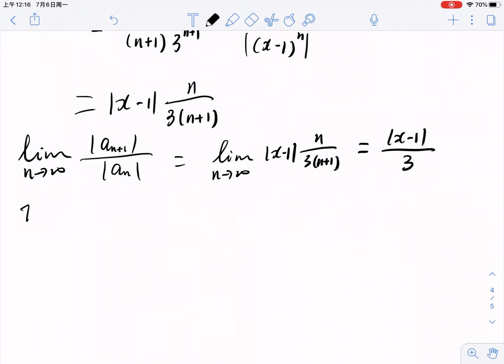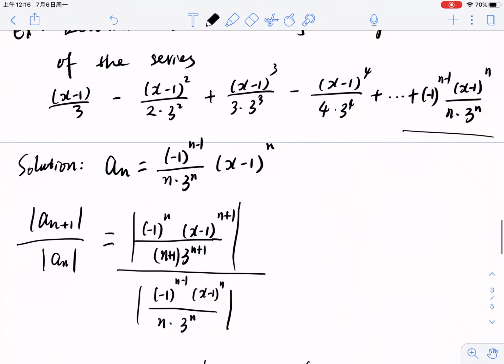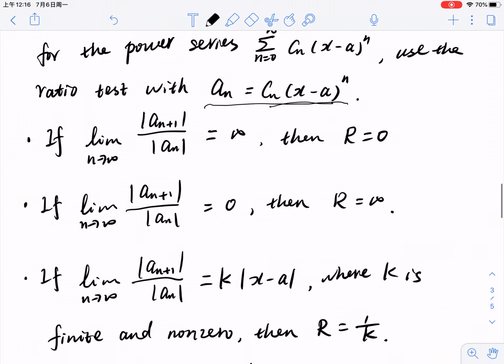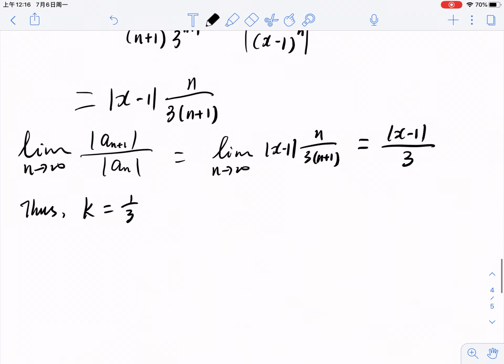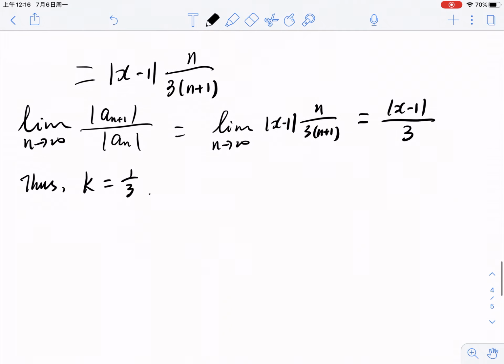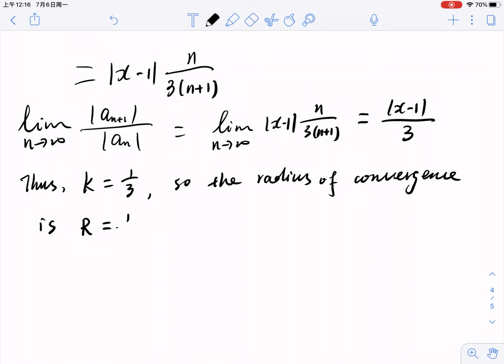So from here we get k is 1/3 in this theorem. K is 1/3. So the radius of convergence R is 1 over k, which is 1 over 1/3, so it's 3.